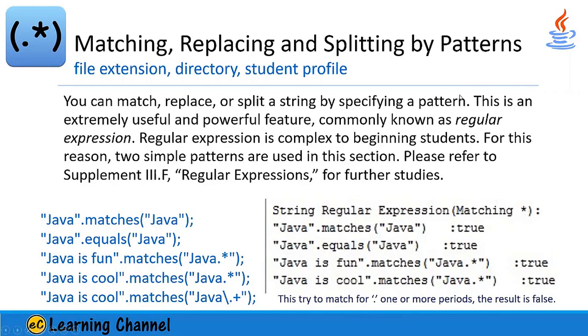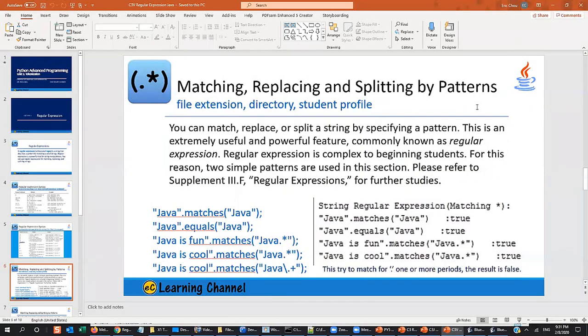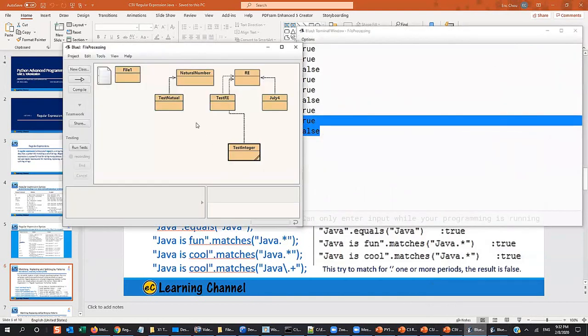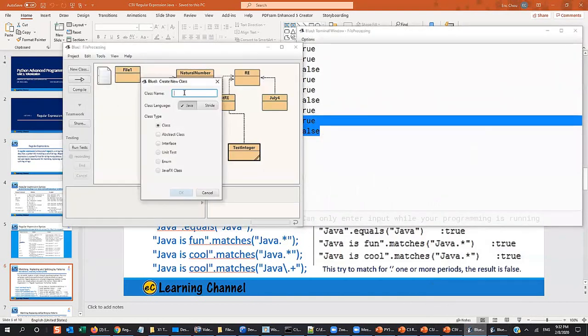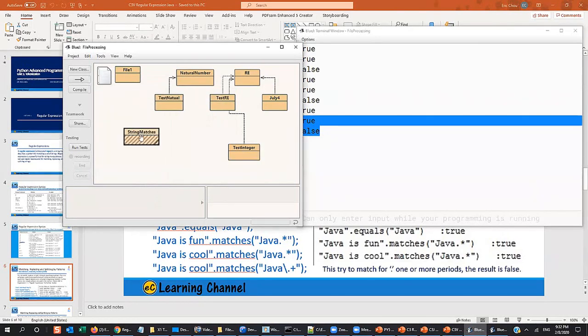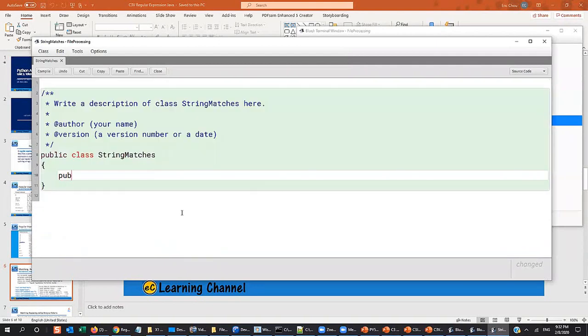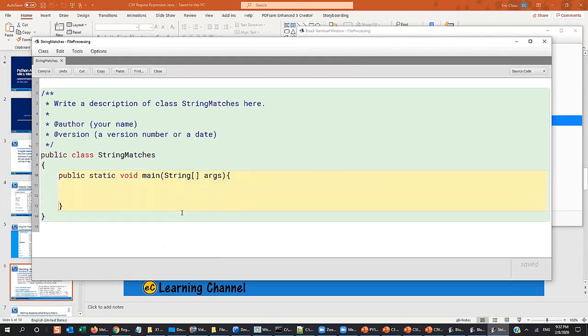Let's try this one, okay? Let's try string matches. In Python, you have a similar function, but here let me use Java to explain for you, and you do need to find out what the Python function is. You can find it on the internet, okay? So let's do this one.